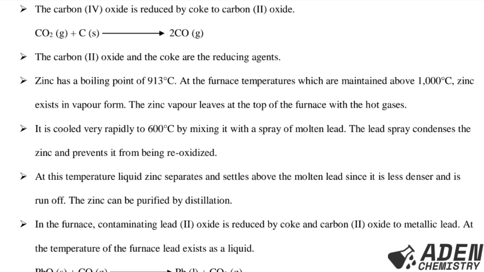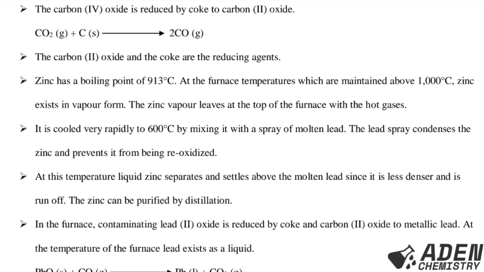So what is the role of the spray of molten lead? We are told the lead spray condenses the zinc. That's the first role. And the second role is that it prevents it from being reoxidized. Those are the two functions of the spray of molten lead.